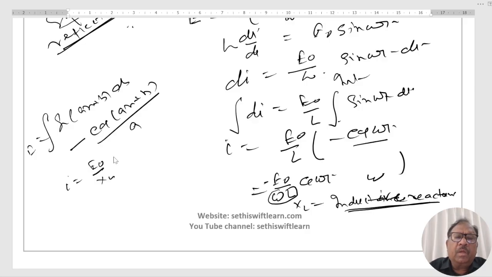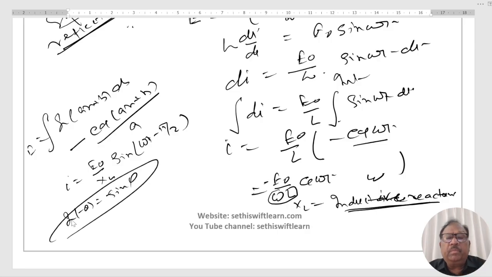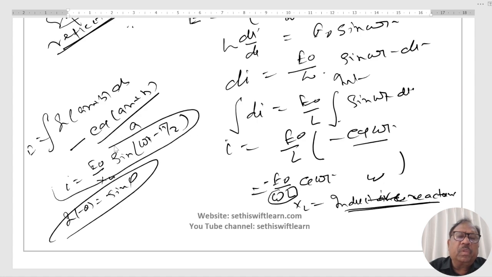Introducing the sine, we can write this as sin of omega t minus pi by 2. You know, sin of minus theta is minus sin theta.